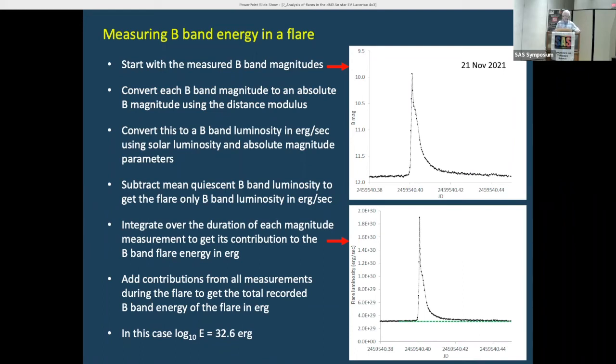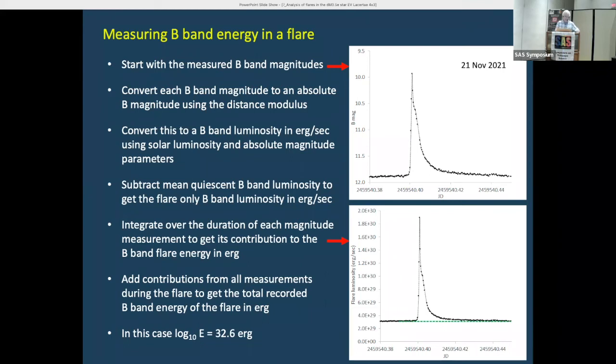We subtract the mean quiescent B band luminosity to get the flare only B luminosity. That's what we're trying to measure, just what's the energy being emitted in the flare. We can then integrate that over the duration of each magnitude measurement. Say that was 20 seconds. It's being emitted during that whole 20-second period. And that gives us a contribution to the B-band flare energy in ergs.